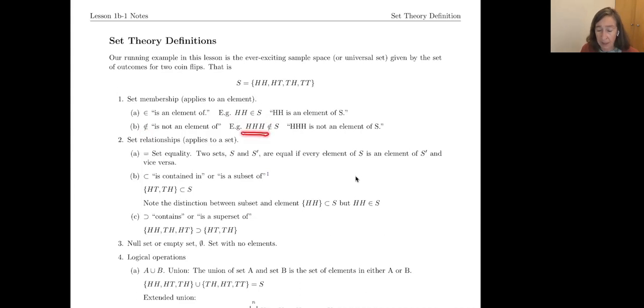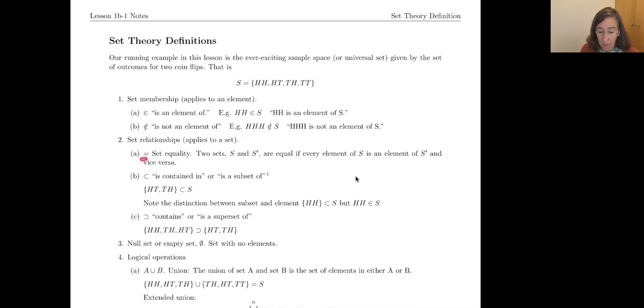So three heads is not an outcome in the sample space of the two coin flips, right? You can't get three heads if you're just flipping the coins twice.